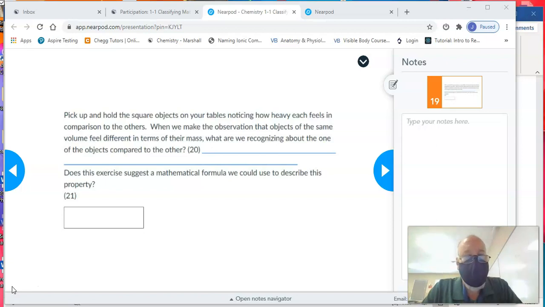But if you pick them up and hold them in your hands, you can feel that some of them are heavier than others. And when we make the observation that objects of the same volume feel different in terms of their mass, what we're recognizing about one of the objects compared to the others is that they have different densities.